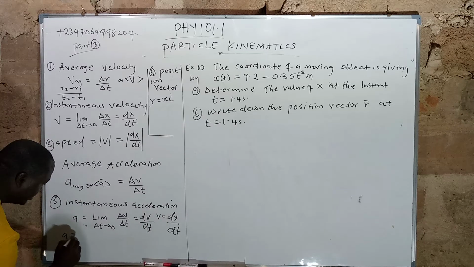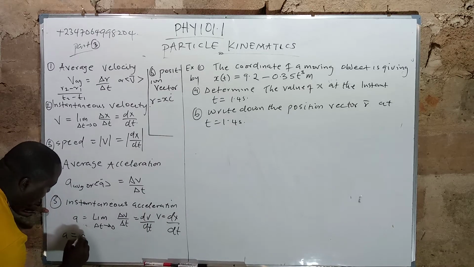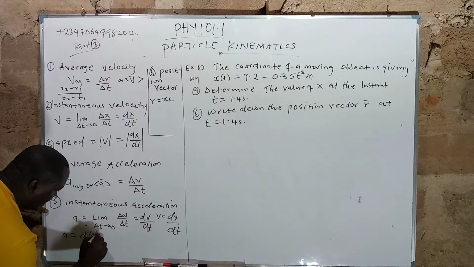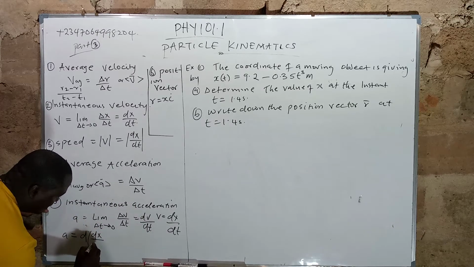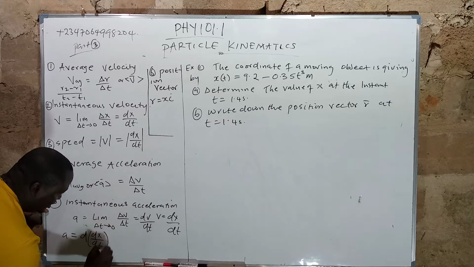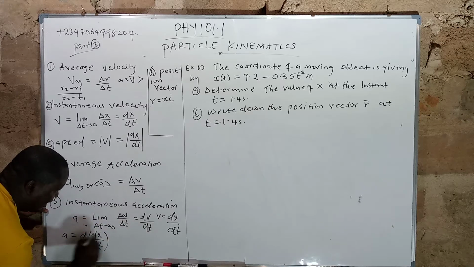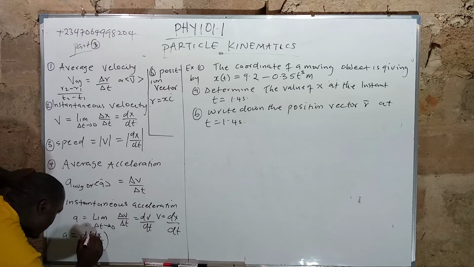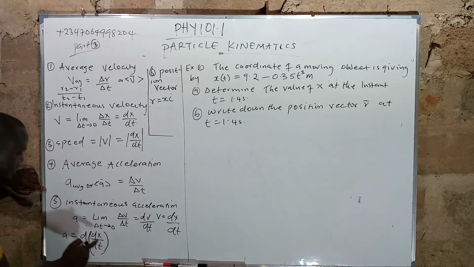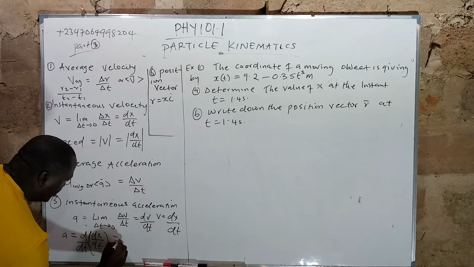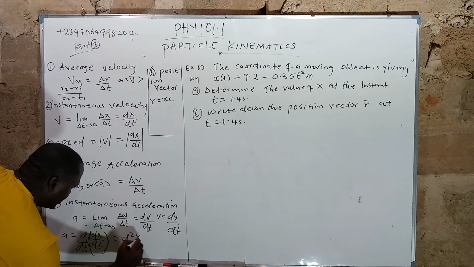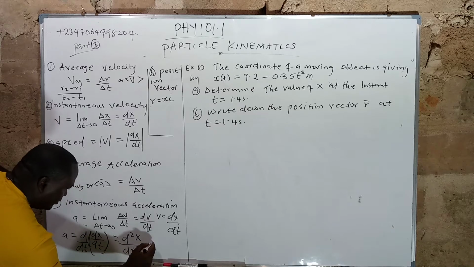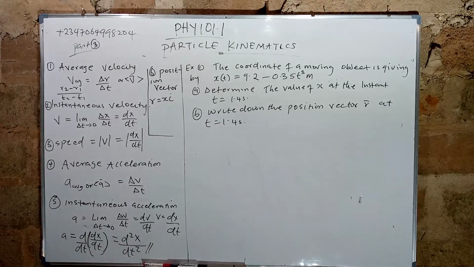So instantaneous acceleration will now be d, instead of V, I will put dx all over dt, right? Remember, I also have another dt here, right? Good. So opening this bracket, this time this will give me d square x, and this time this will give me dt square. Now that's the formula for acceleration.